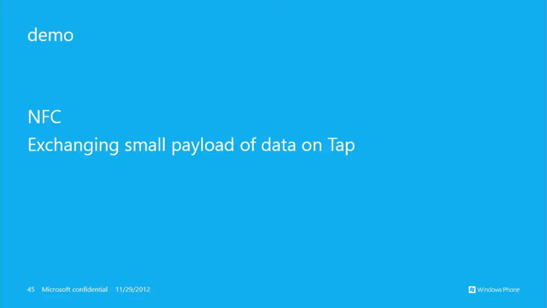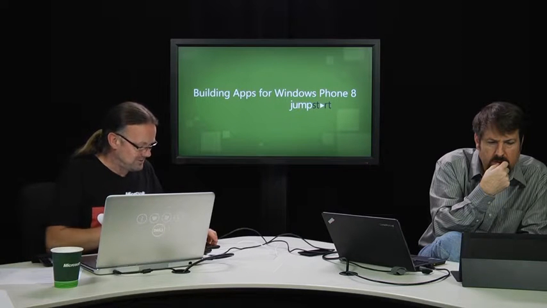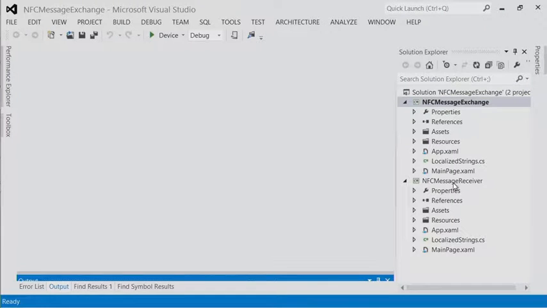So let's see where we're at. I've got a solution. I need to show you some code. NFC message exchange. I've got two solutions in it. NFC message exchange, which is the sender side, and NFC message receiver, which is the receiving side.